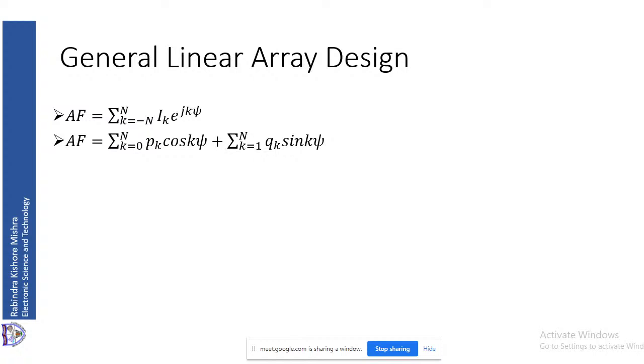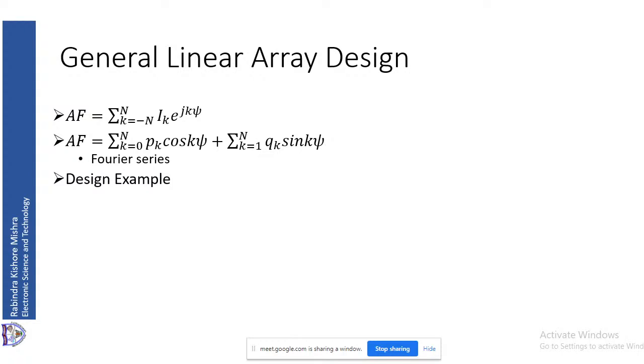Now this is the power series, which is also called a Fourier series. Both these, the top one is the exponential representation of the Fourier series, and the bottom one is the sine cosine representation of the Fourier series. So the array factor can be written as a Fourier series. That is what we have seen now.